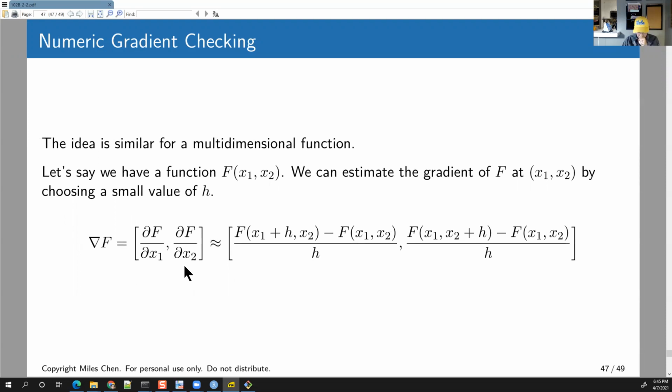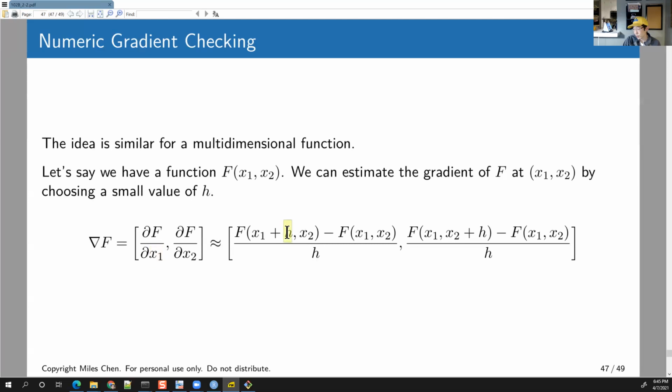Here, the gradient is basically a bunch of partial derivatives tied together in this vector. We're going to estimate the gradient using the partial derivatives by adding a small value h to x. First we want the partial derivative of f with respect to x1.